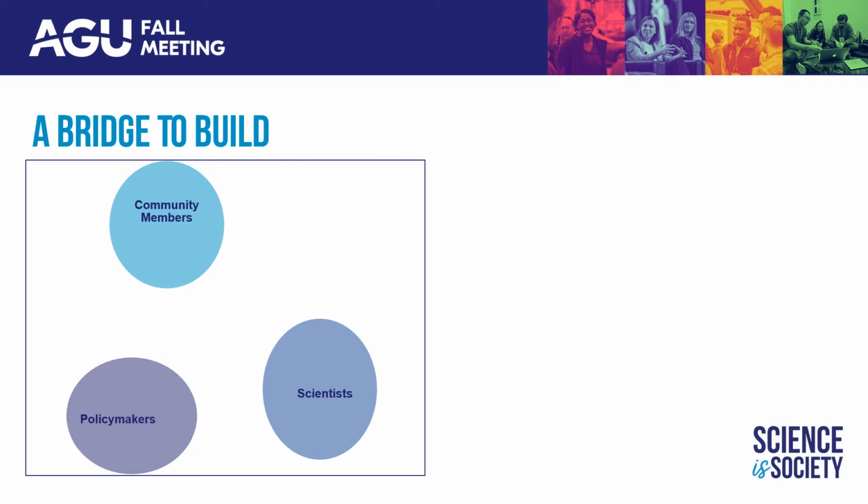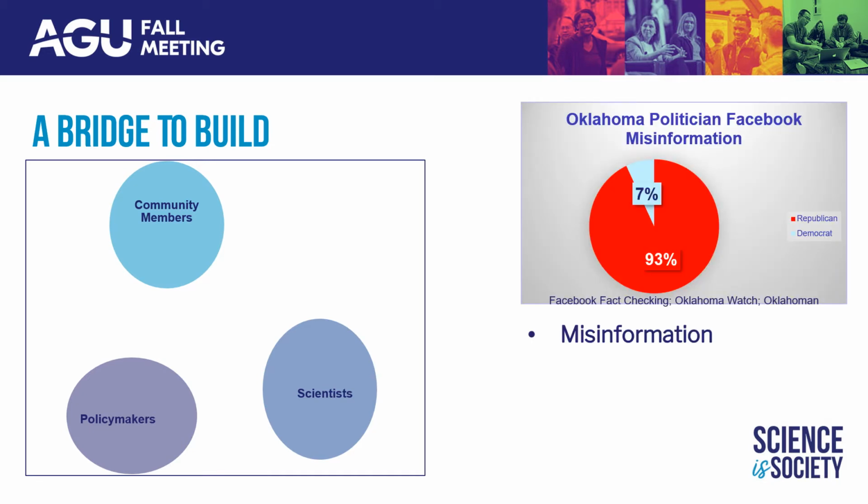And additionally, a study that covered majority of 2020 utilized fact-checking services across Facebook and wound up concluding that about 93% of Republican Oklahoma policymakers at the state level were sharing misinformation, and the remaining 7% were from a few Democrat policymakers at the state level for Oklahoma.